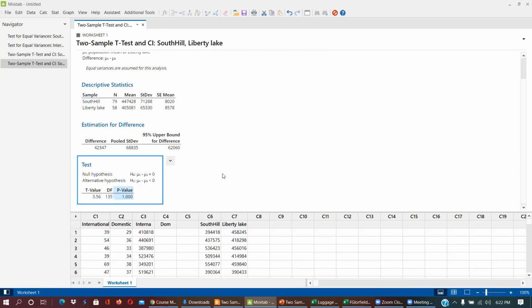In terms of the decision, who is correct, me or you? We were having a debate. What is the conclusion of the debate? Liberty Lake is higher?